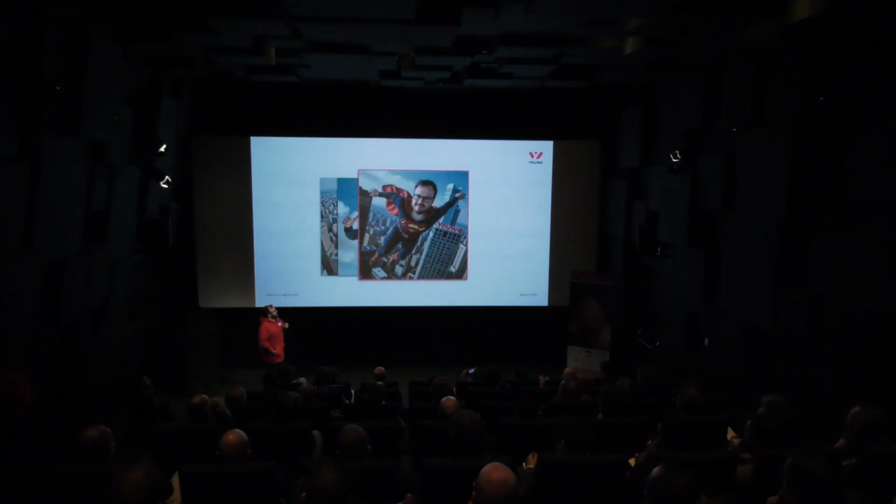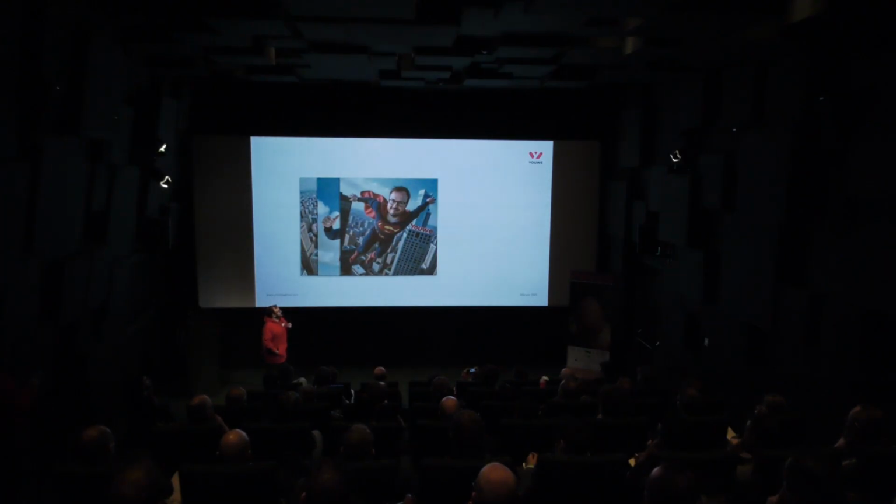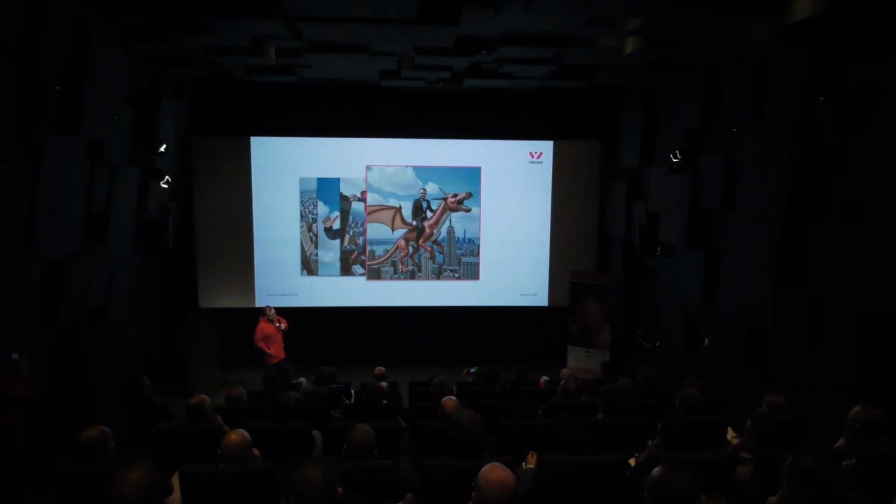But if you look at my left hand, you can see I'm missing a pinky finger. So still progress, but not perfect. Another example here, just to give you an idea. And just more fun stuff, a dragon flying over New York wearing a tuxedo, whatever you can imagine, you can make it.